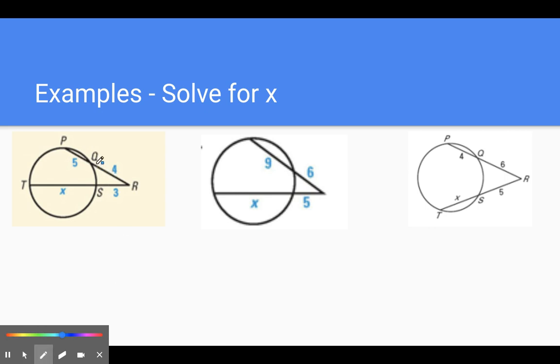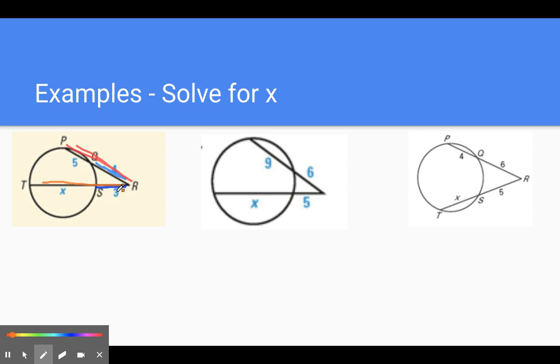All right, so external here is 4, times the whole, which is 4 plus 5, has to equal the other external times the whole. External times whole equals other external times whole.